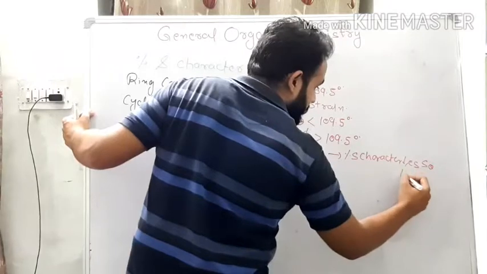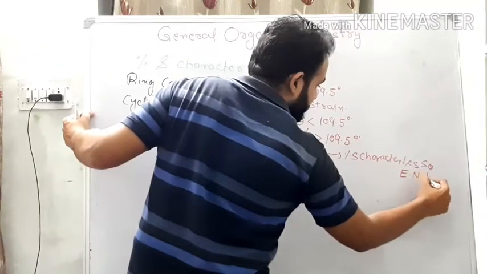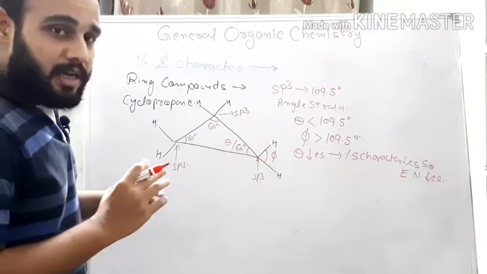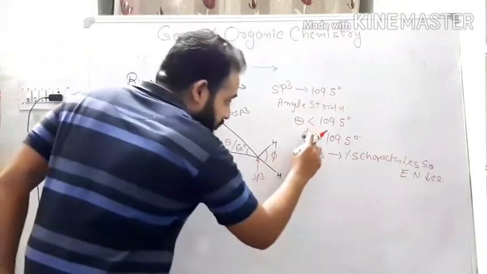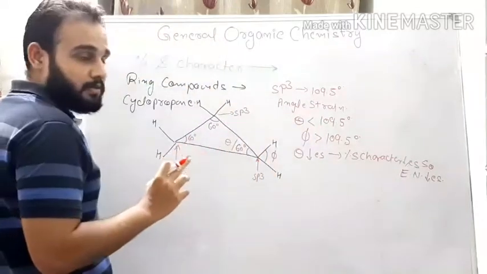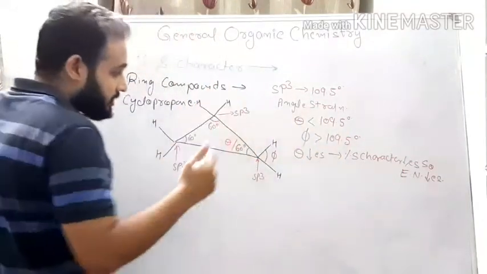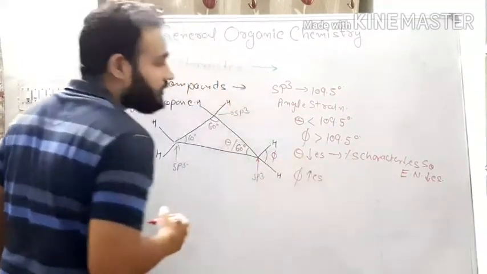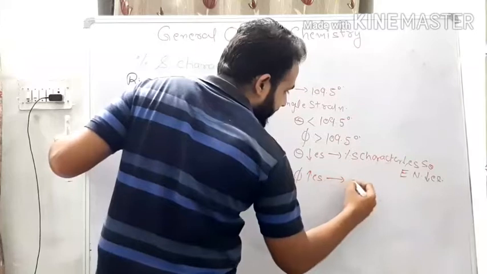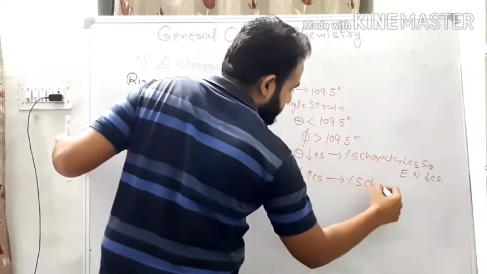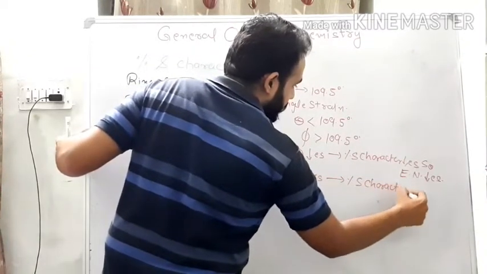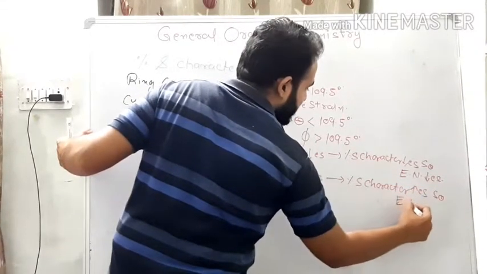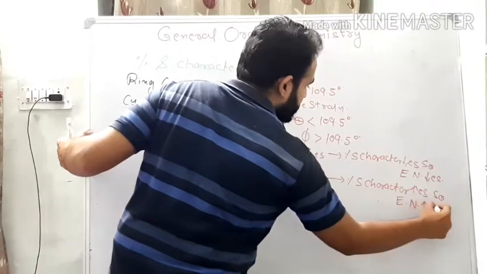So electronegativity decreases, simply you can understand. And opposite of this, phi increases from 109.5 degrees. When phi or the bond angle increases, the percentage s character increases, so electronegativity will also increase.